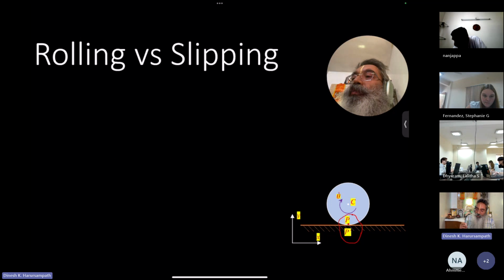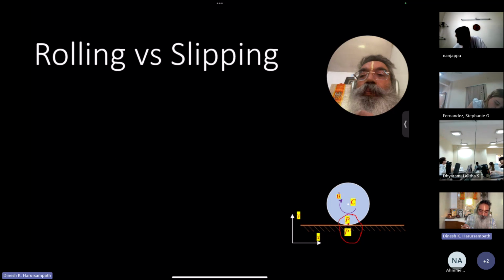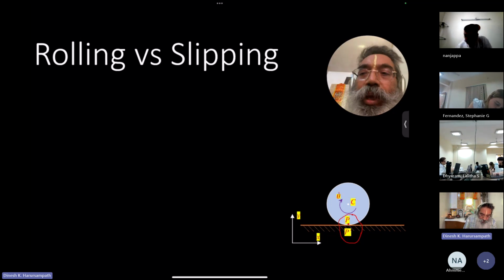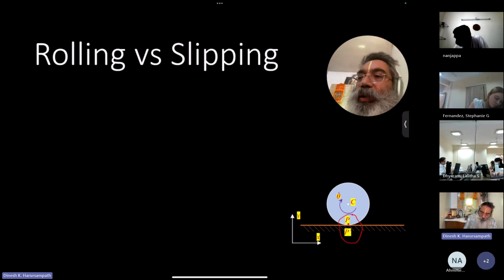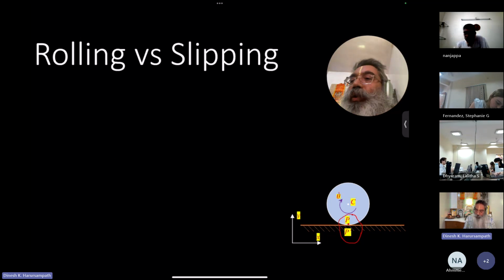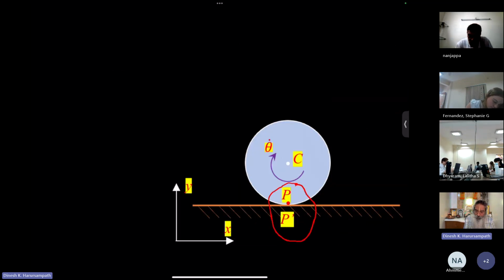Either we think of it as being a part of the wheel, or we think of it as being part of the road or the surface on which this rotation or rolling is taking place. So it's essentially the same point that we're talking about, P and P prime, but we are thinking of it as belonging temporarily or instantaneously either to the wheel or to the road. And if it belongs to the wheel, we call it P. And if we see that it is belonging to the surface, then we call it P prime.